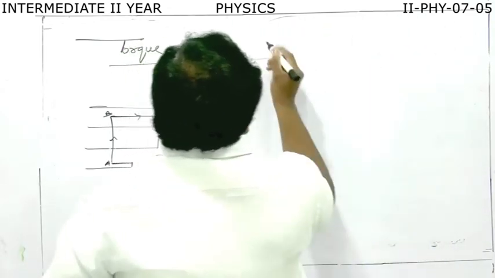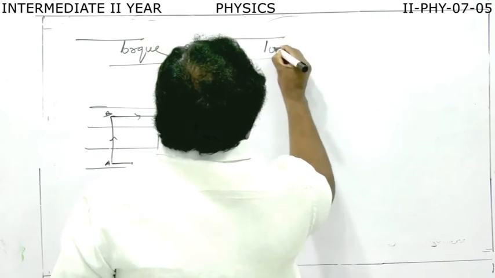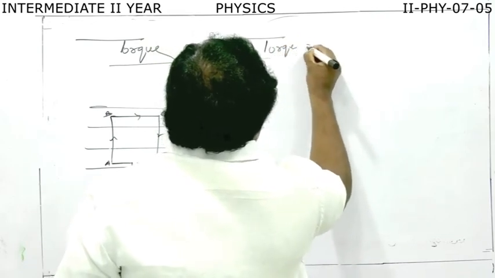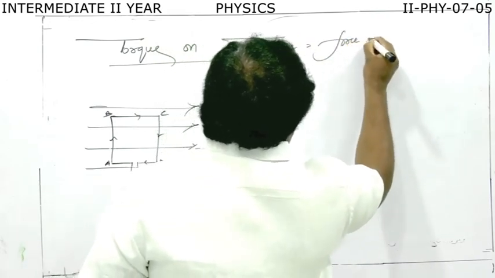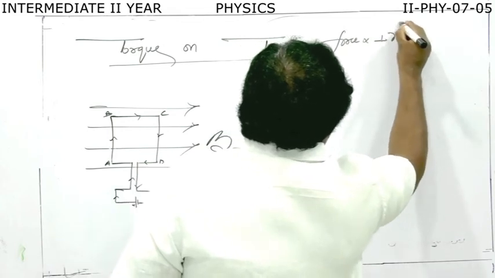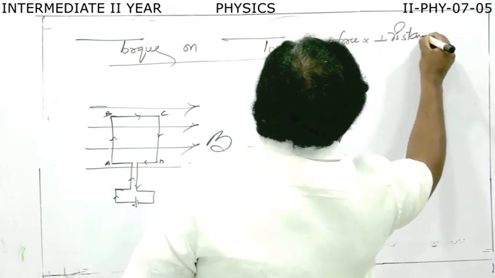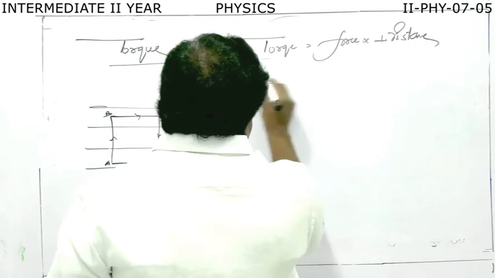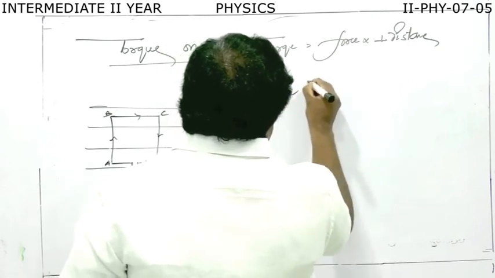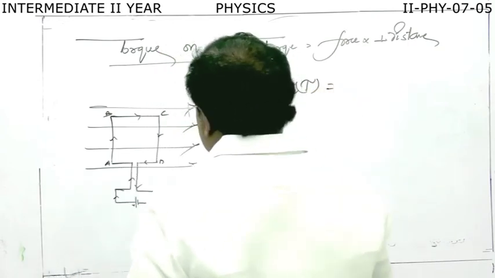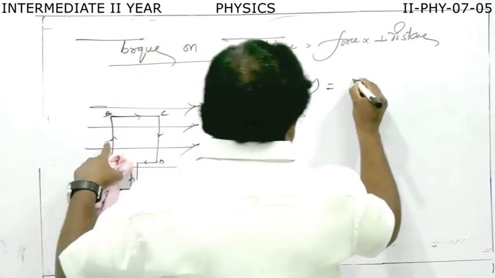Torque on the coil is force into perpendicular distance. Here 2 forces. This is F1.